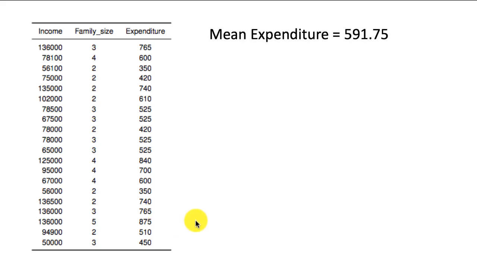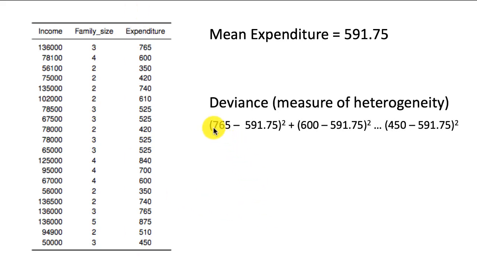Okay, so let's first calculate the overall deviance or overall heterogeneity for this data set. So the mean expenditure is 591.75. If you calculate the mean, that's what you'll get. And the deviance, the measure of heterogeneity, is essentially the sum of the squared deviations for every single value, which means we take the first value 765, subtract the mean from it, so take the difference from the mean, square it, take the next value, take the next value, and so on.